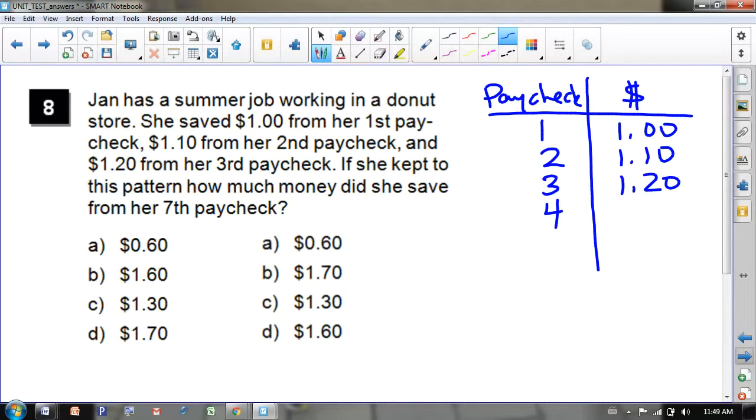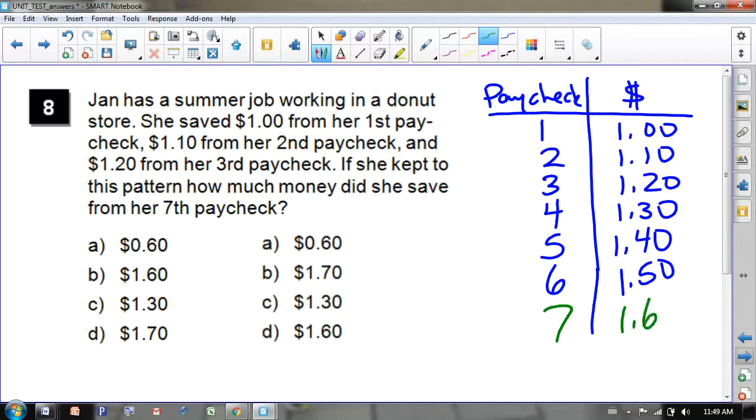Every time she earns another 10 cents, so the 4th paycheck would be $1.30. The 5th one is $1.40. The 6th one is $1.50, and then the 7th is $1.60. So it goes up by 10 cents every time. And so the answer here in version A is B, and in version B, D.